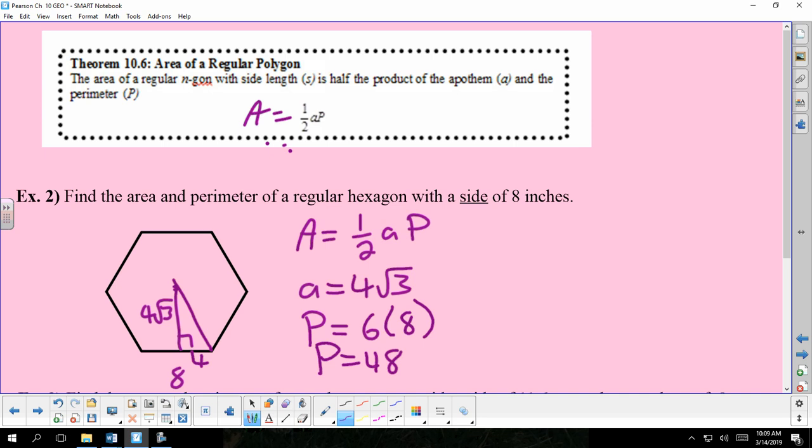Now I can simply plug these in there and there. Find the area. Area equals 1/2 times 4 root 3 times 48.